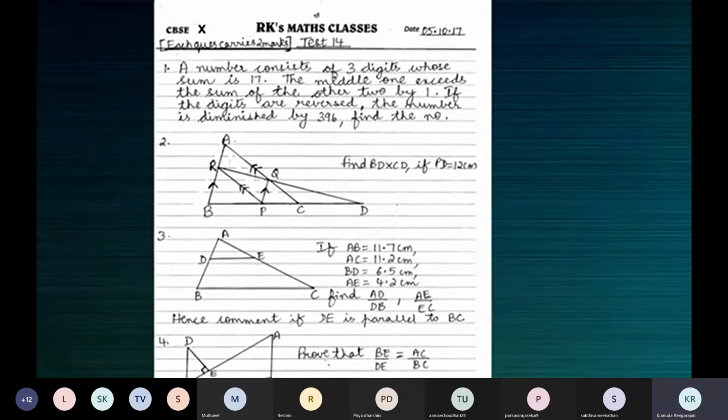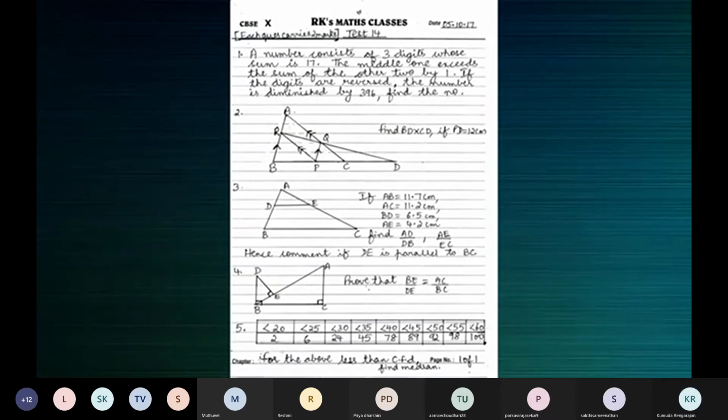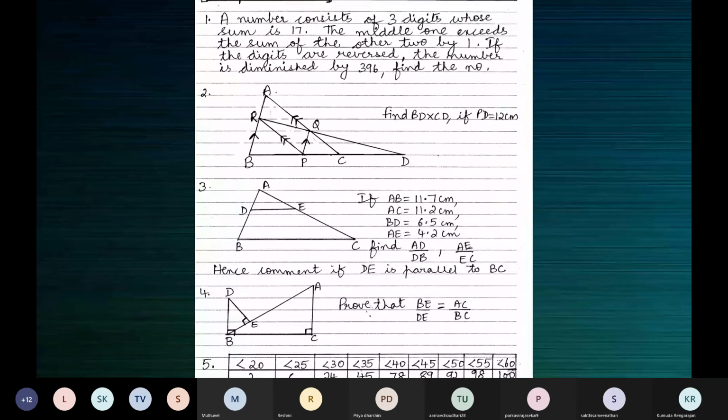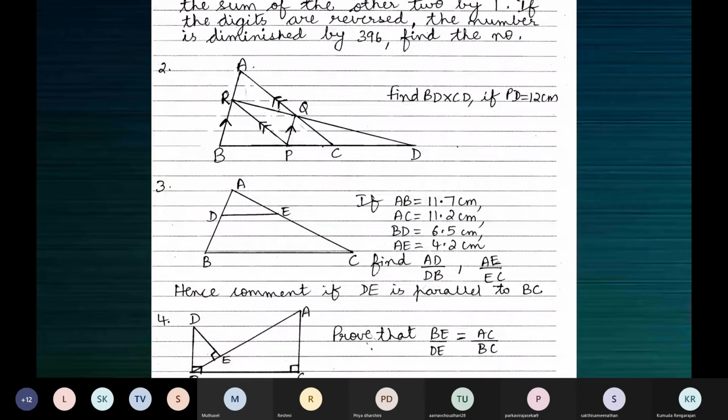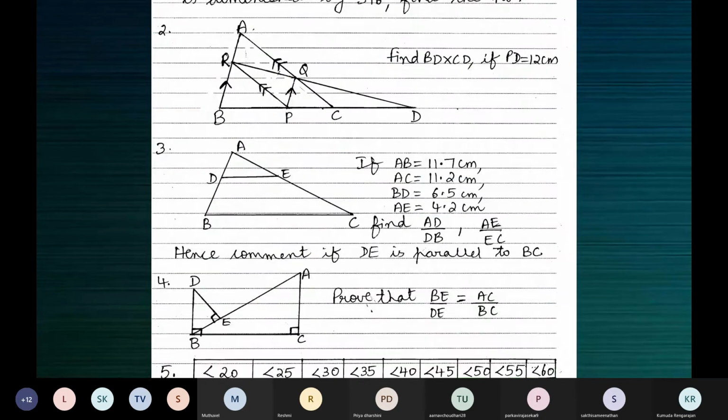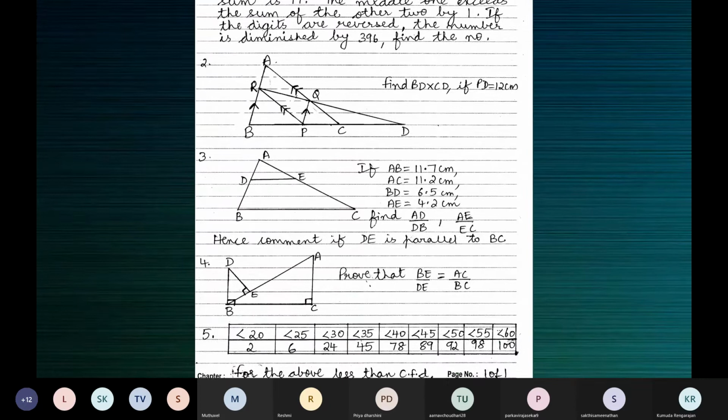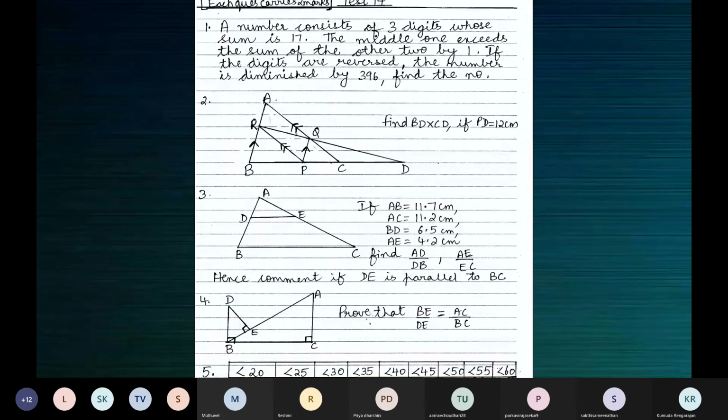Work the first 4 questions now in the class.